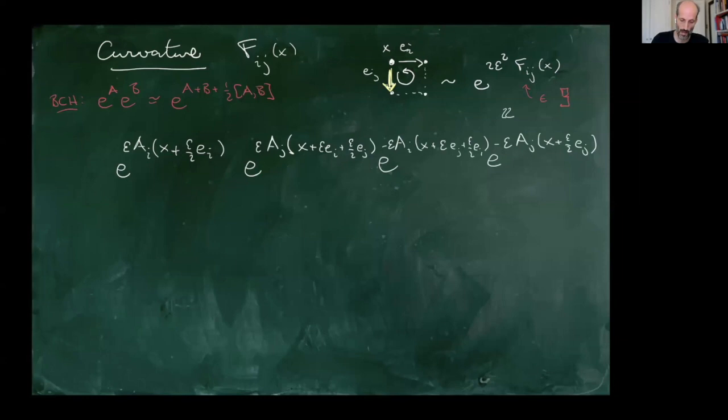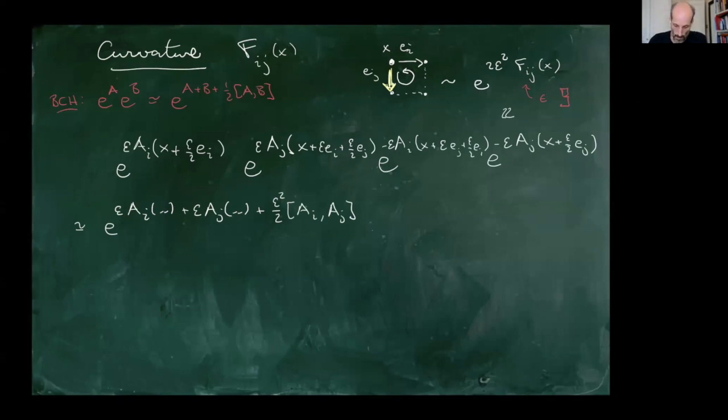So if I apply Baker-Campbell-Hausdorff to the first two guys here, that tells me this is about e to the epsilon, the first A_i here plus that A_j, and then I have an epsilon squared over 2 bracket of A_i with A_j.